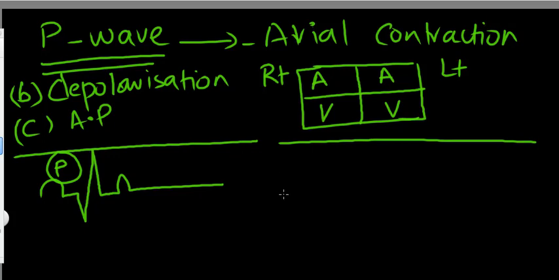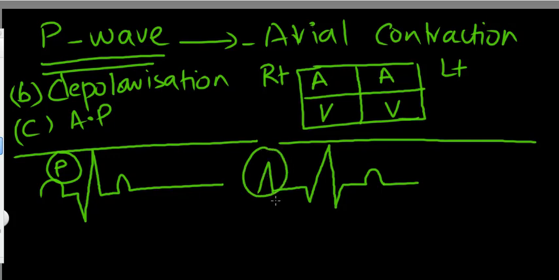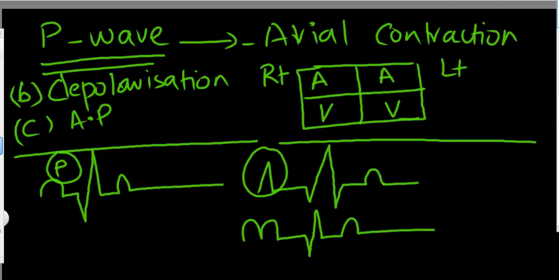But what if you see a tall P wave, just like the QRS complex, which is quite sharp? Or what if you see a bifid or M-shaped P wave? These are the two pathologies which I'm going to tell you about.